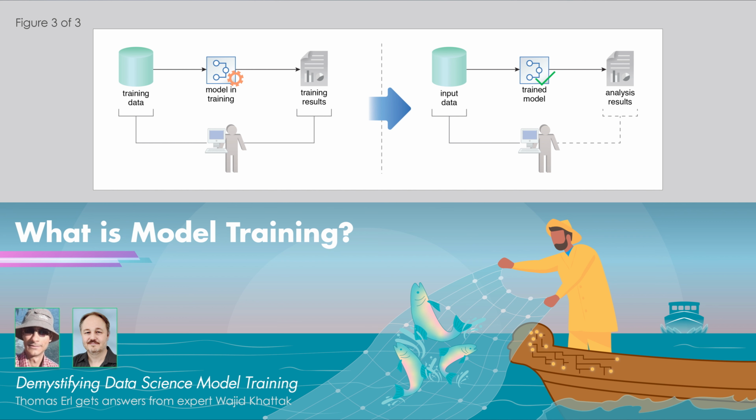We go through a cycle of doing this, which in our example would correspond to us adjusting those weights each time to optimize the efficiency and effectiveness of our net before we actually deploy it in the ocean. That's right.